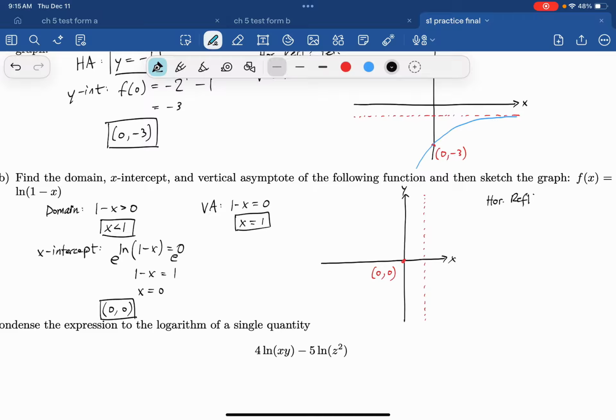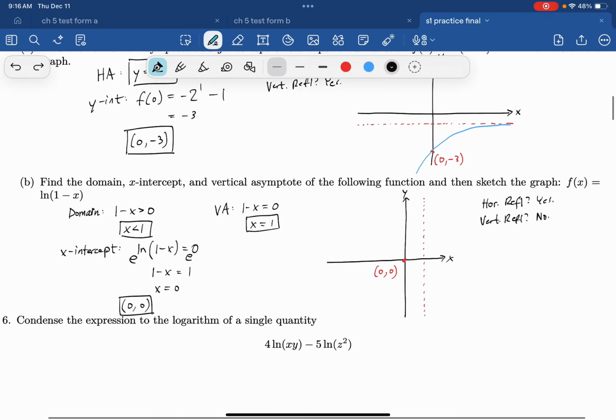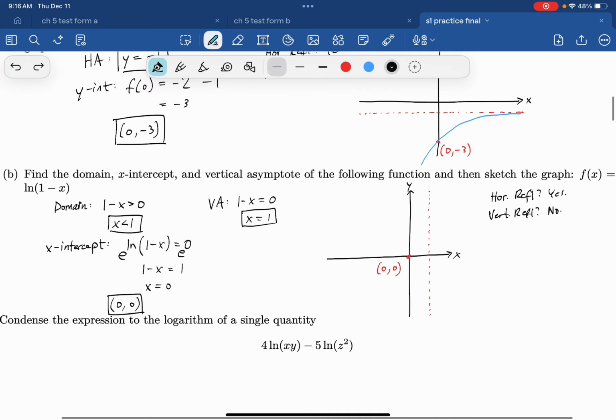Answer is yes, because we have a minus sign in front of the x. Has there been a vertical reflection? Answer is no, because there is no minus sign in front of the logarithm. Okay, so same principles as for exponential functions.